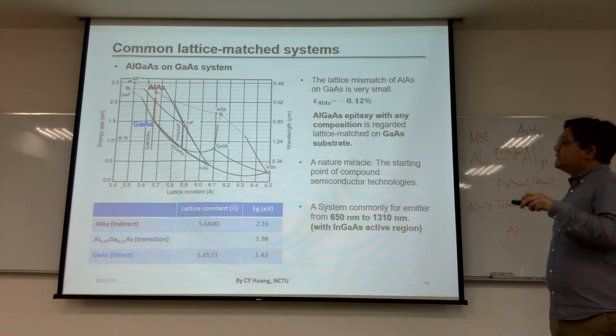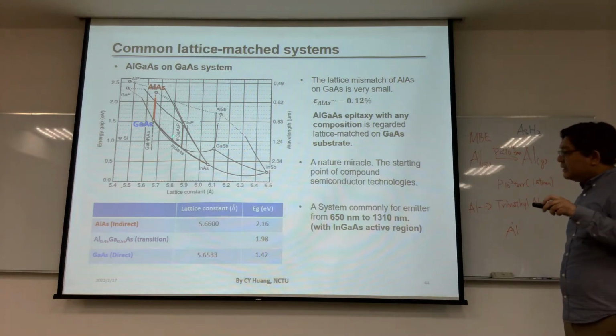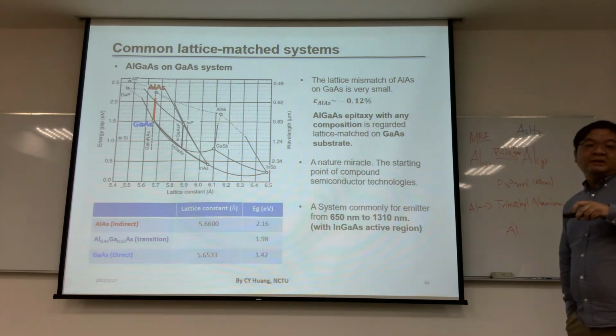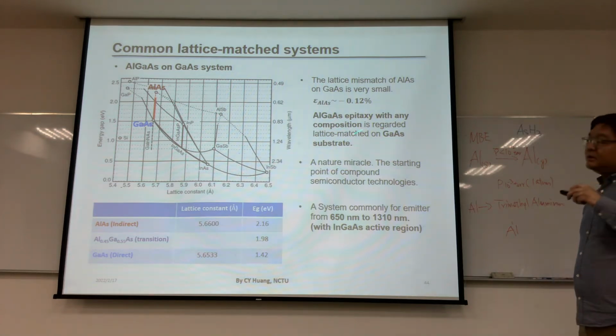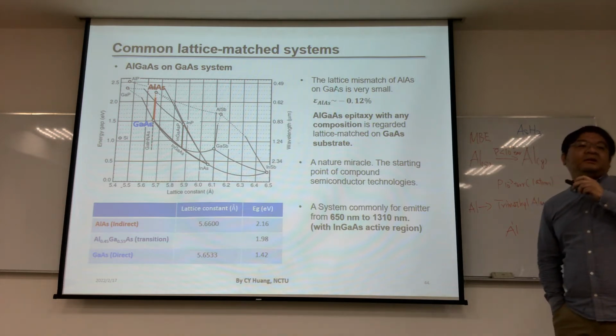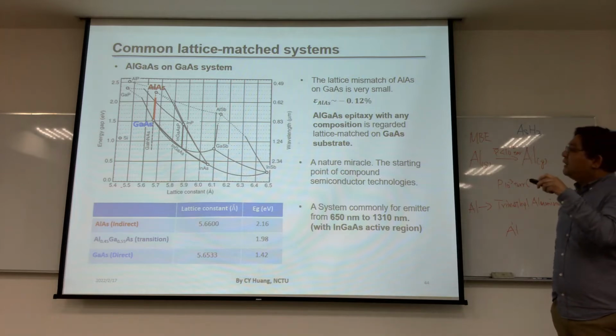The first is GaAs on GaAs. The lattice constant of aluminum arsenide is almost the same. Its lattice strain is only minus 0.12%, so materials in between have strain all less than that. It's slightly compressive relative to aluminum arsenide.